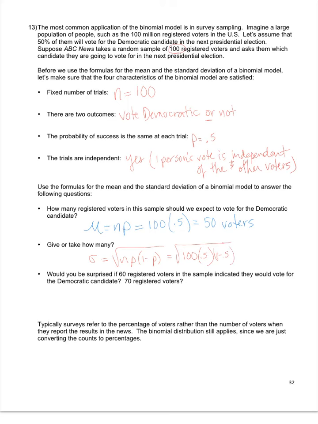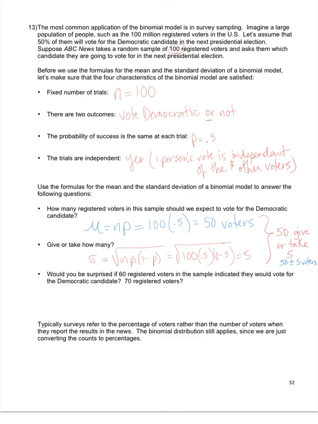And that gives you a standard deviation of 5. So we would expect about 50 voters, give or take 5. Sometimes you may see that written as 50 plus or minus 5 voters. We know we're not necessarily going to get exactly 50 each time.